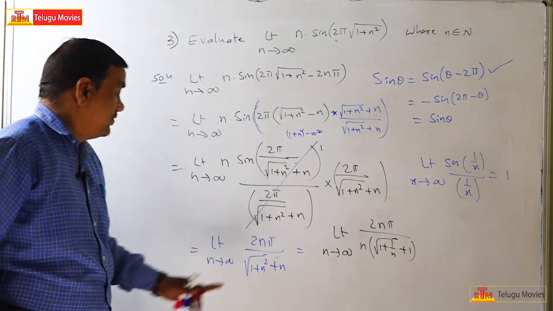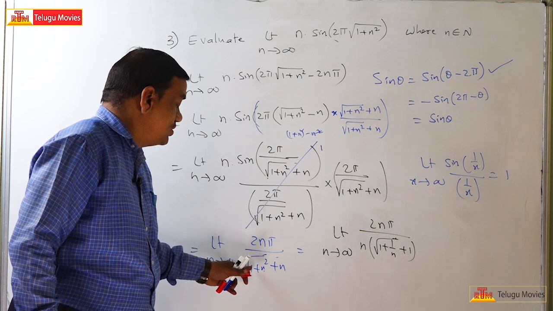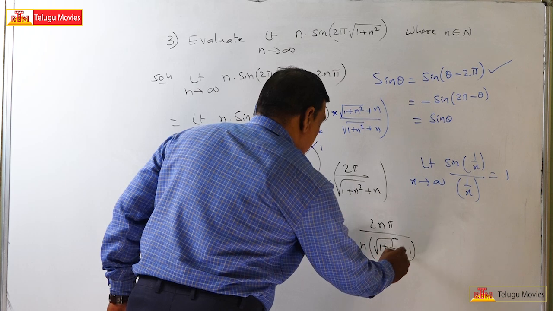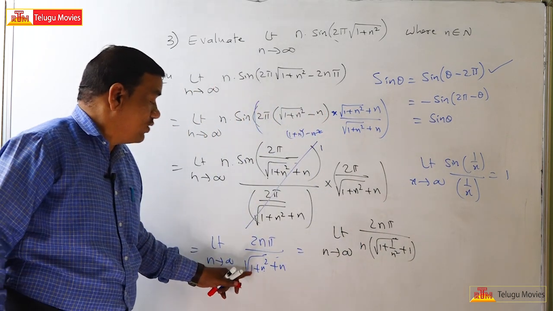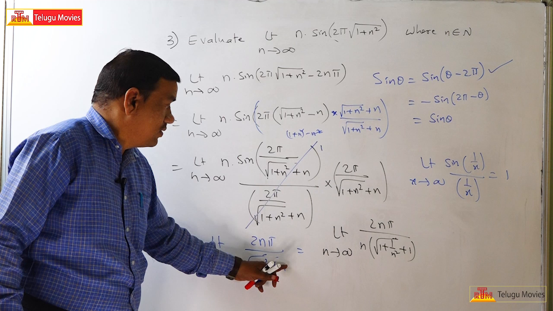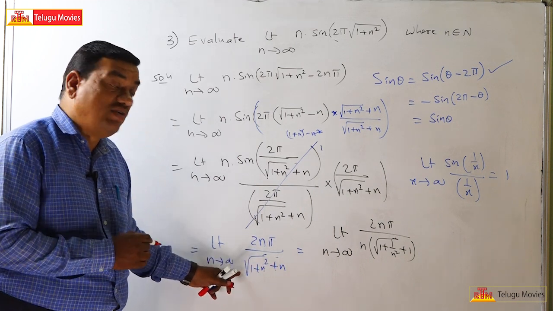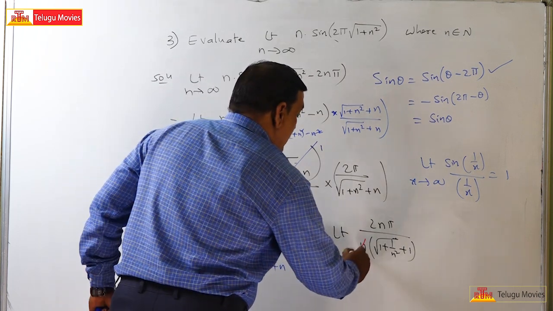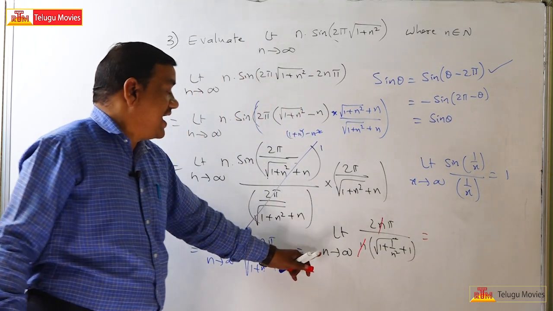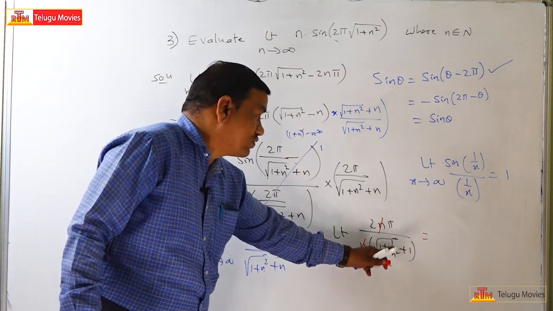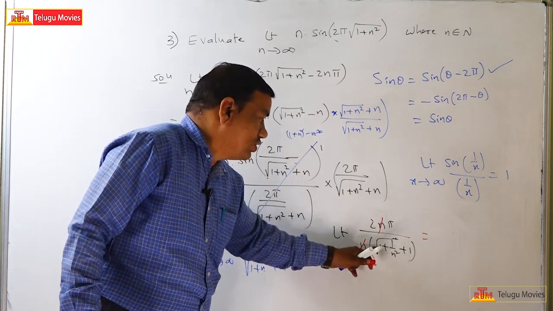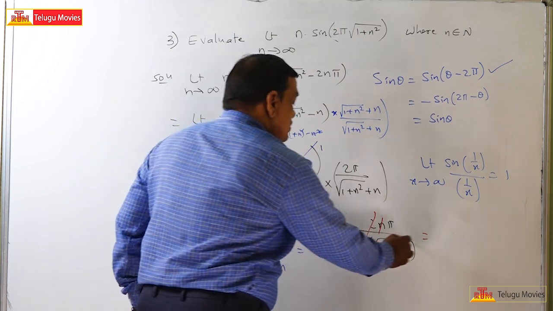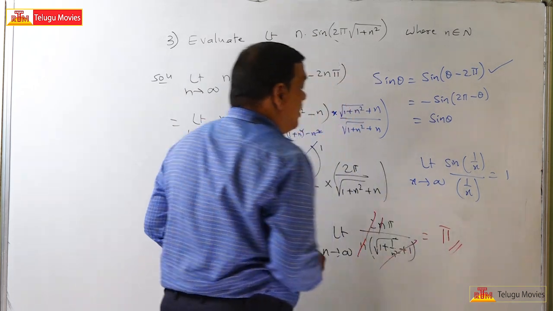Here you have to take n square common outside, so 1 by n square you will get, and 1 plus, and n will come outside here also, and we can cancel n. As n tends to infinity, 1 by n square tends to 0. So 1 plus 0, root 1, 1 plus 1, 2. So this also will get cancelled. Pi will be the final answer.